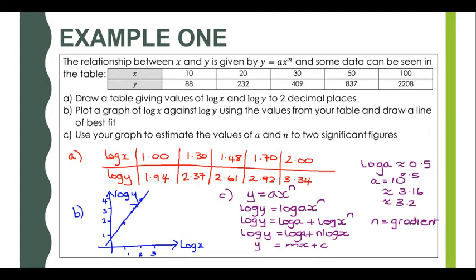So if we use the two endpoints in the table, here and here, we can find the gradient by doing the difference in log y divided by the difference in log x, which is equal to 3.34 take away 1.94 divided by 2 minus 1, which is approximately 1.4 to two significant figures.